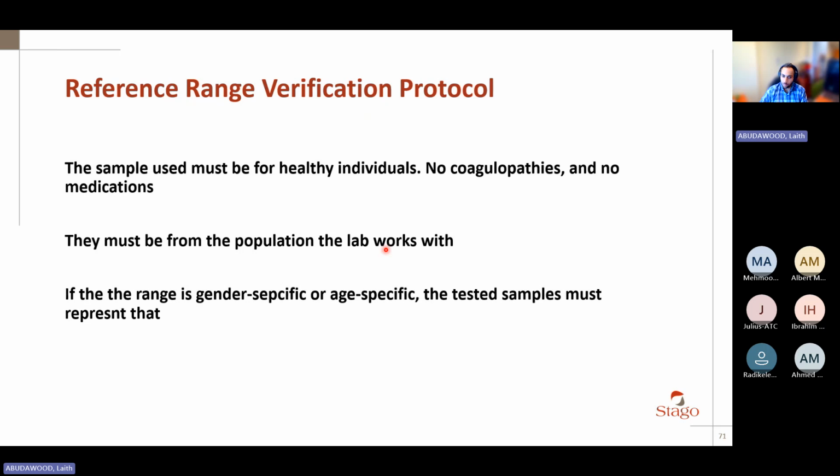This can differ from parameter to parameter, but it's very important that if the lab wants to verify or even establish the ranges, they must use their own population. And by their own population, I mean the patients, not the staff, not the nurses, not the technicians. It must be the patient population that the lab works with. This is absolutely crucial. A lot of labs think, oh, I will just collect some samples from my staff, make it easy. Fine, but the range you are verifying probably is not accurate for your patients.